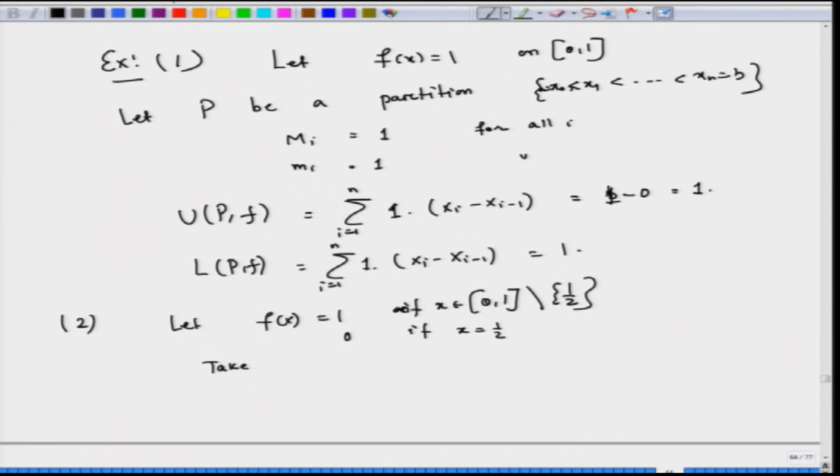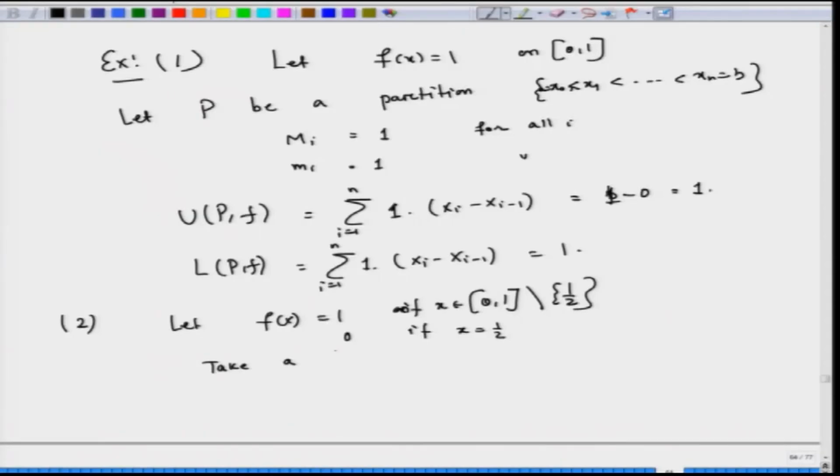We need to see that the upper Riemann integral should be equal to the lower Riemann integral. So, we must calculate that. Take a partition P.